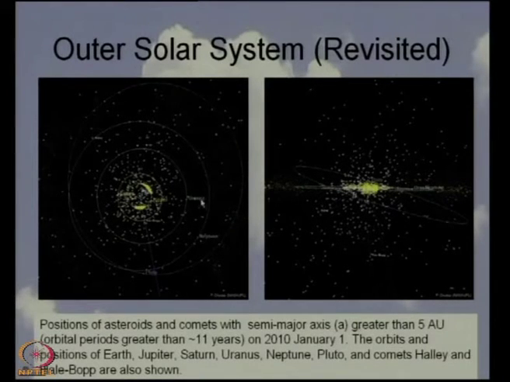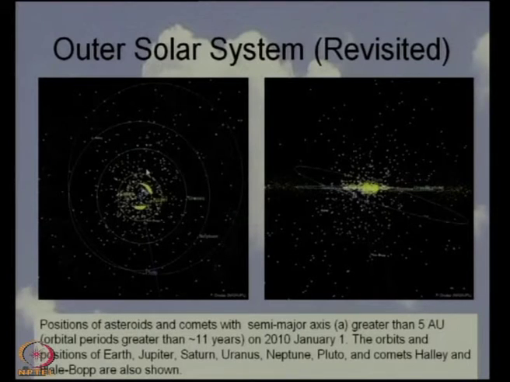And the orbits of the comets Halley and Hale-Bopp are also shown over here. So, you can make out that the orbits that go far away are Hale-Bopp and Halley. This is comet Halley, which is shown in this picture.